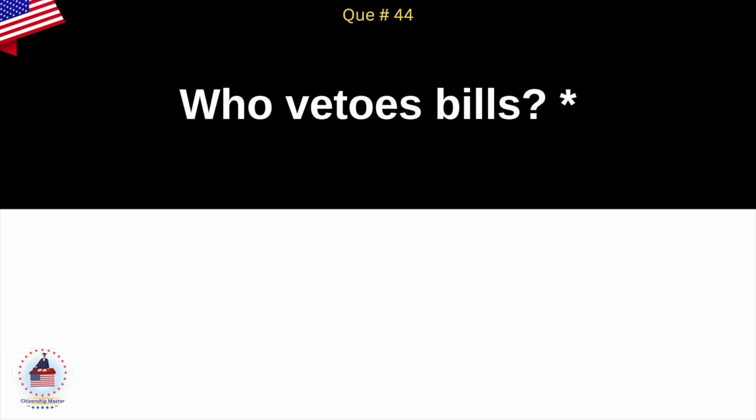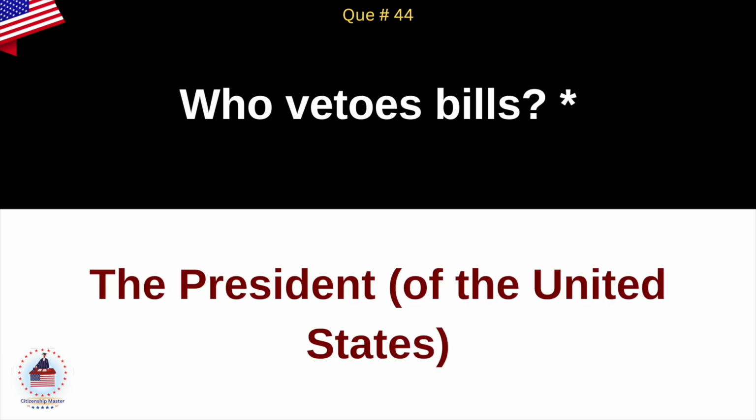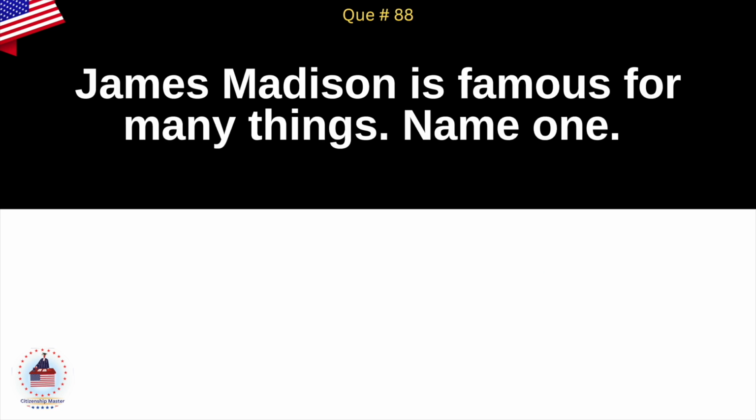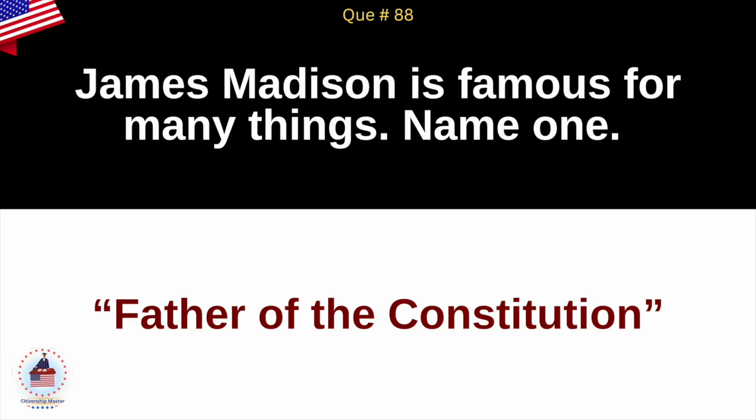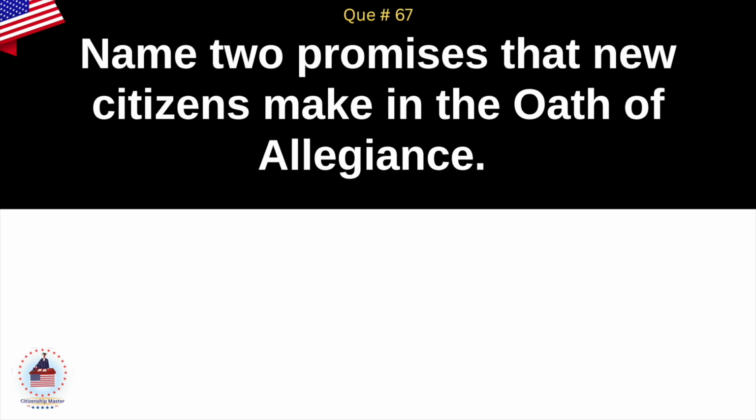Who vetoes bills? The President of the United States. James Madison is famous for many things. Name 1. Father of the Constitution. Name 2 promises that new citizens make in the oath of allegiance.